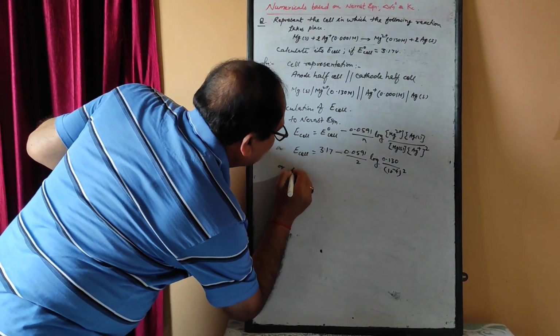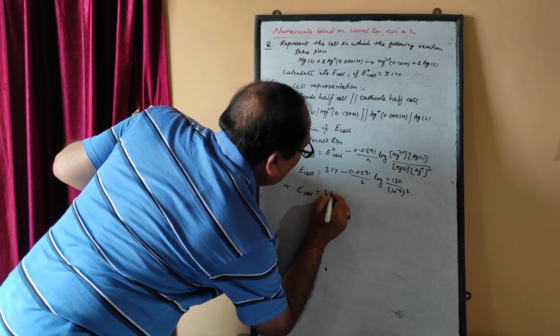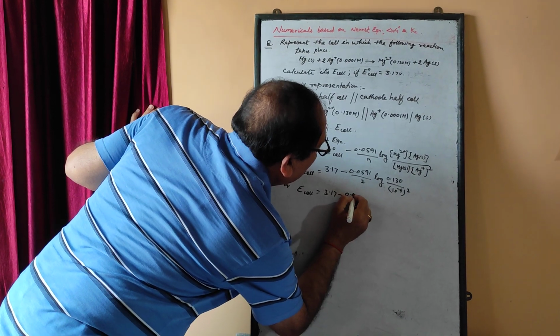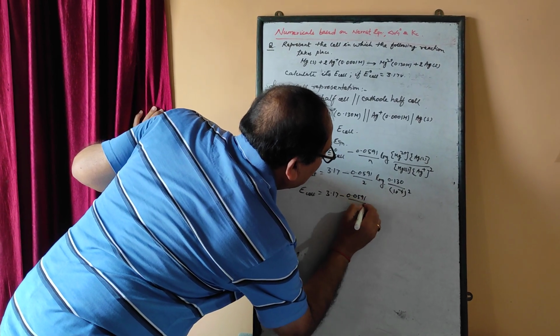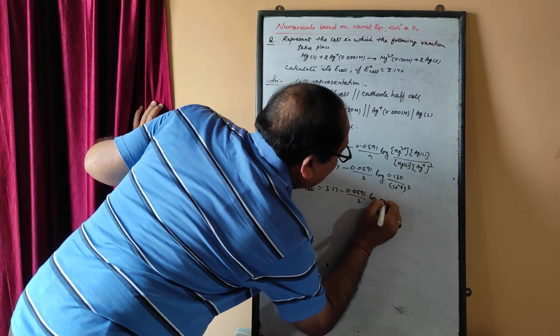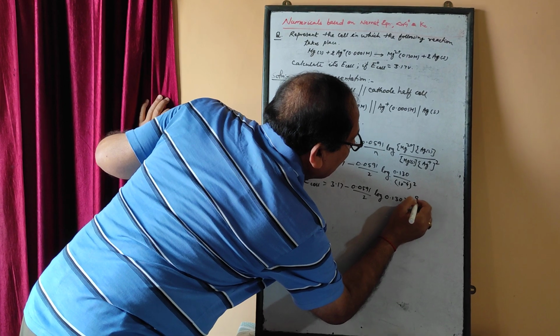Now our E cell is equal to 3.17 minus 0.0591 by 2 log 0.130 into 10 to the power 8.